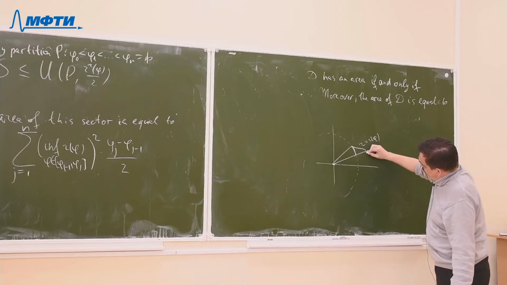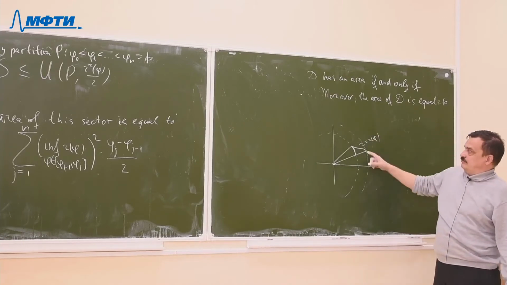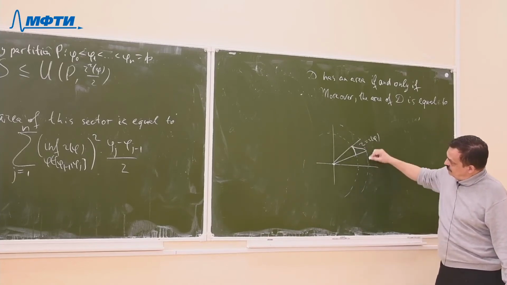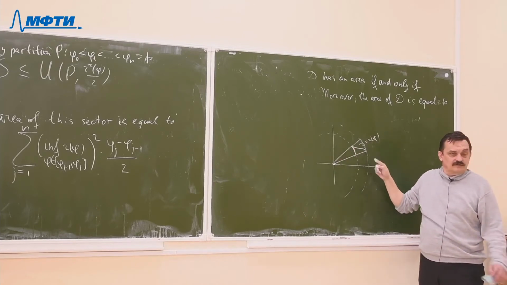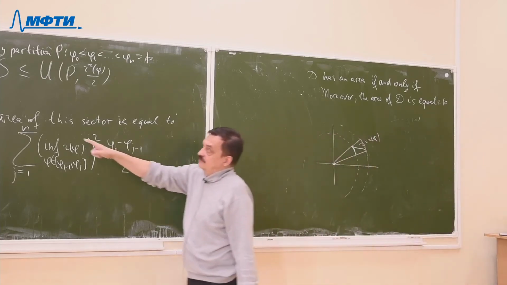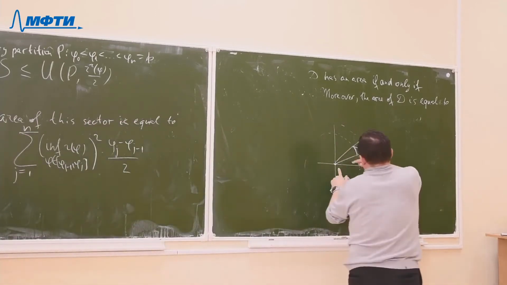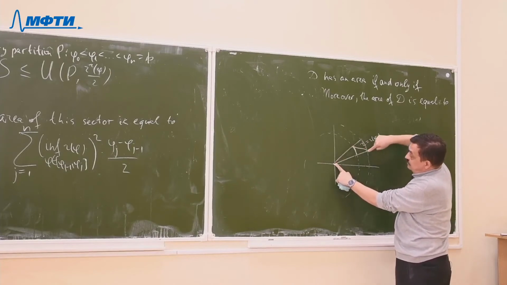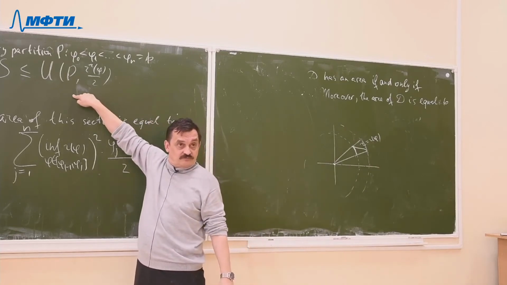Another, with the supremum, gives that sector. So we have two sectors. The area of one sector is included into the lower double sum. The area of the larger sector, that one, is included into the upper double sum, right?